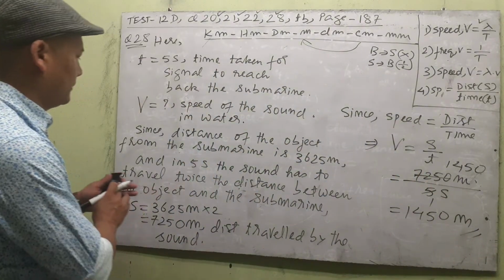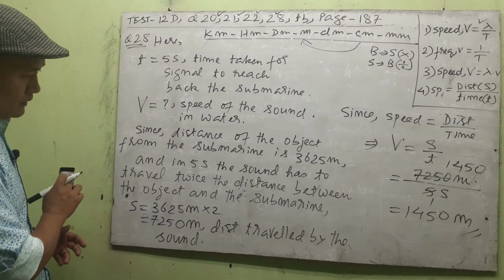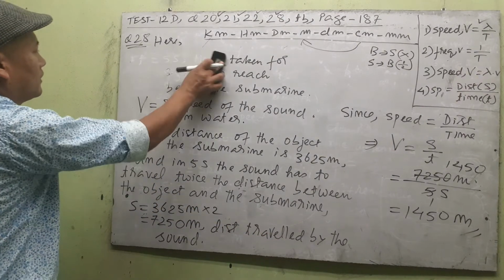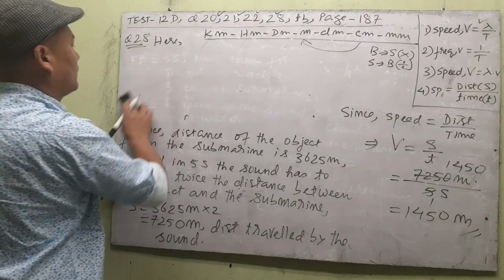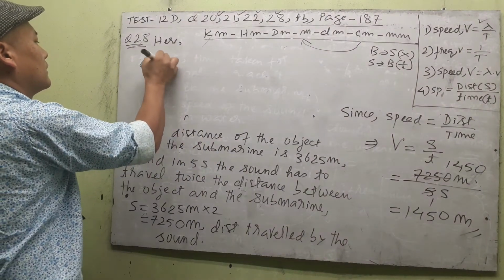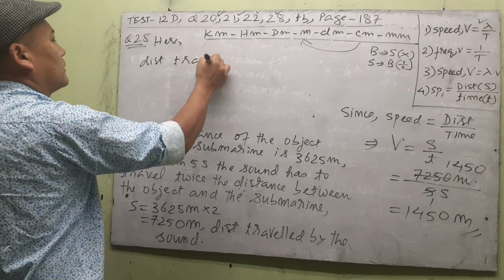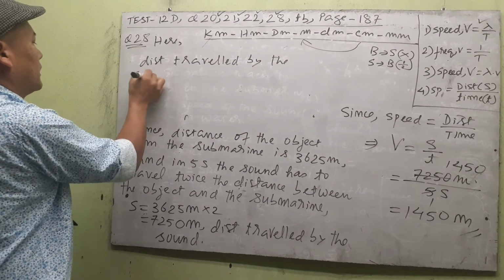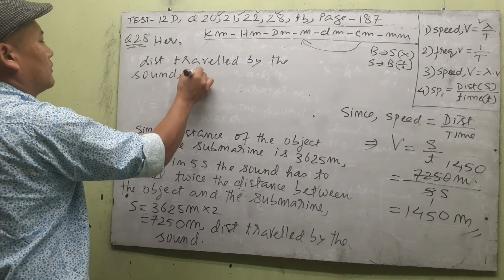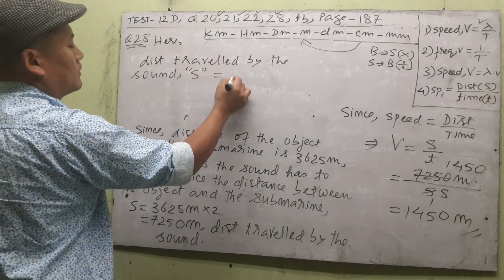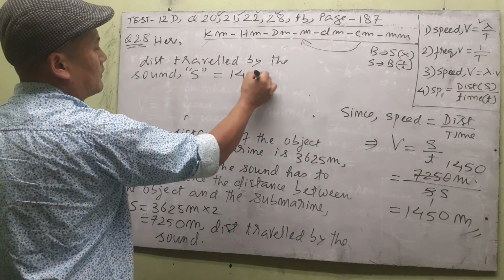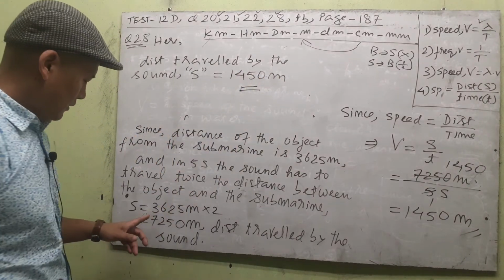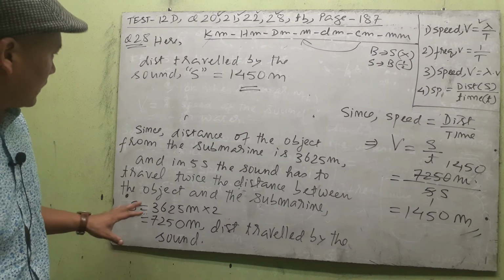Find the distance traveled by the sound. So in other words, finally you can write down total distance or distance traveled by the sound. In this particular case, we have put S is equal to 1450 meter. Oh, not this distance, they're asking for the speed, right? Sorry, speed.